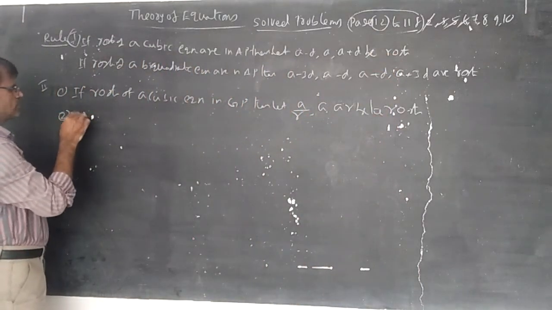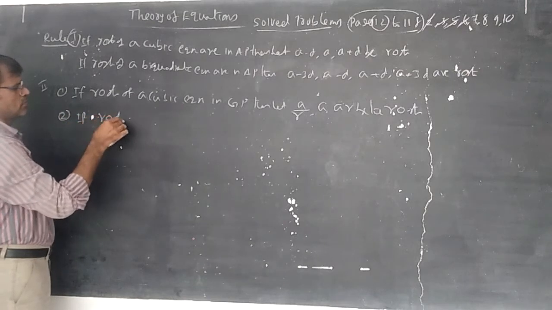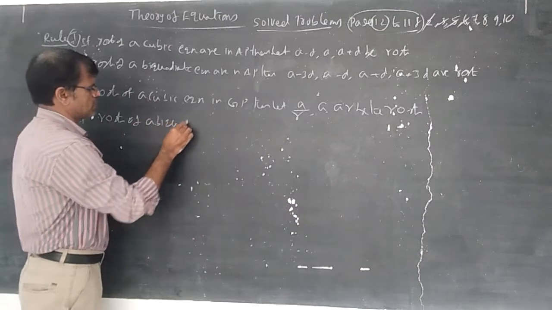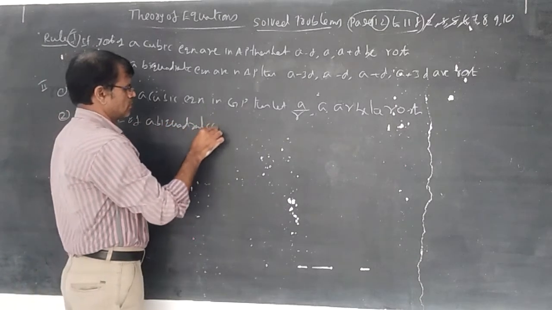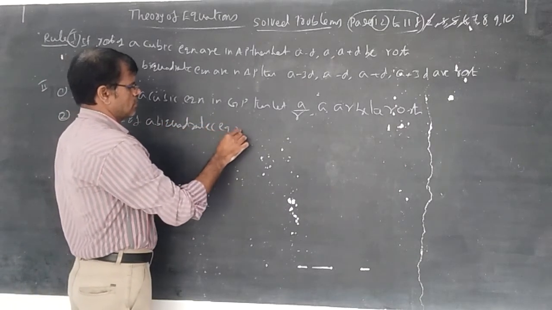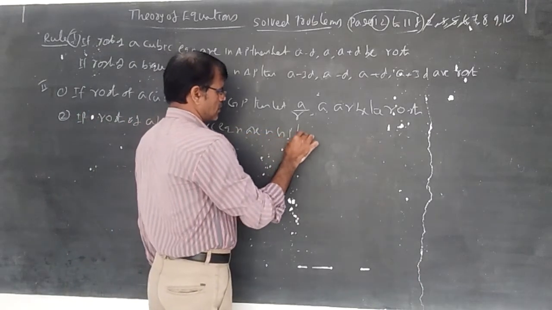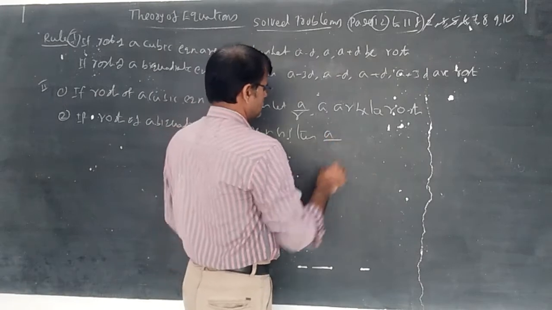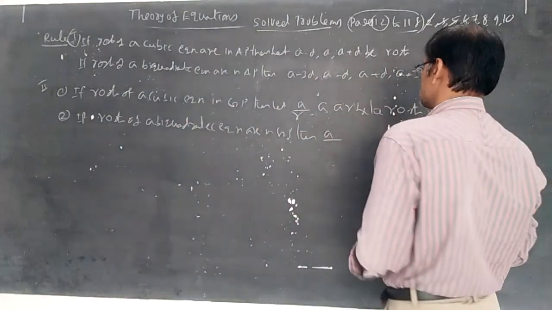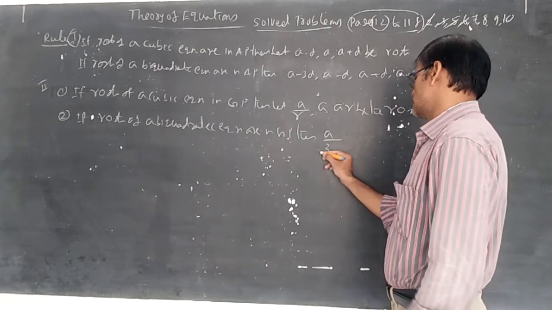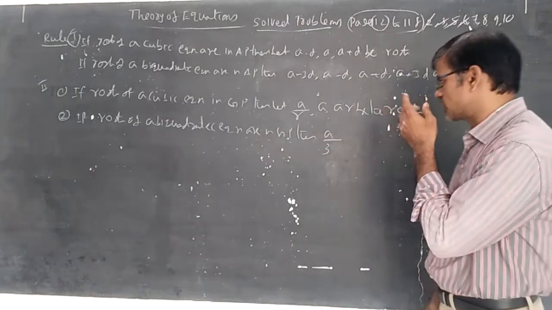In this second one, if roots of a biquadratic equation are in GP, then total 4 roots, so a power 4 you should get.